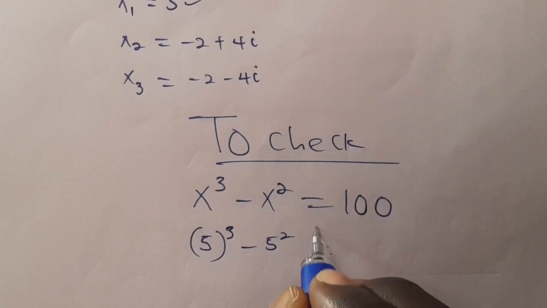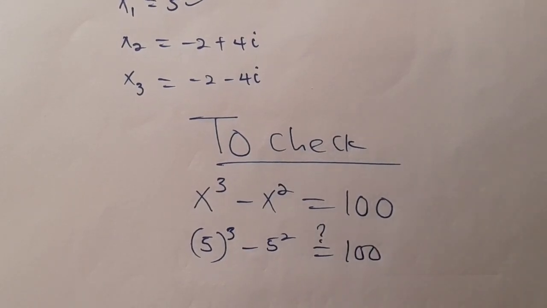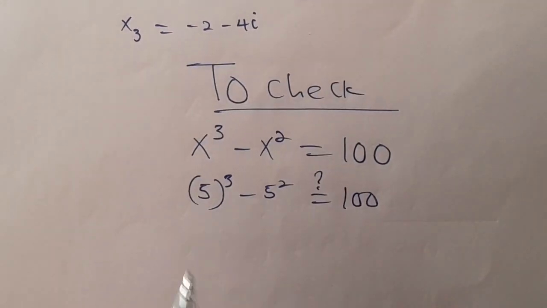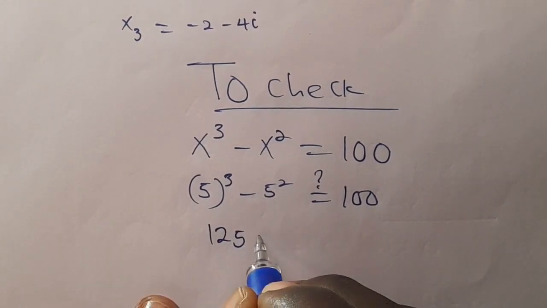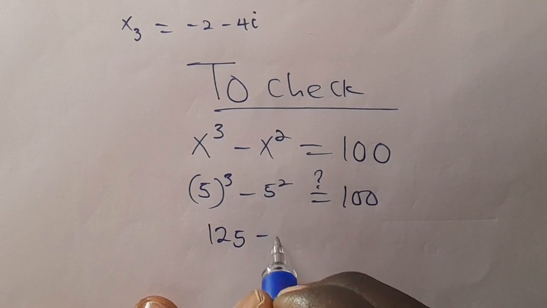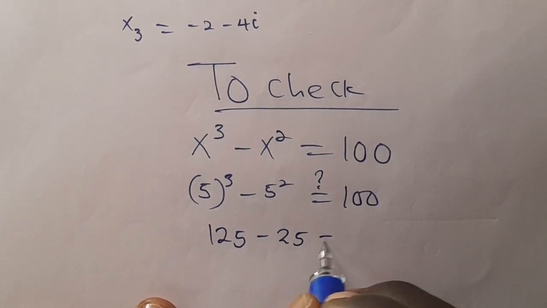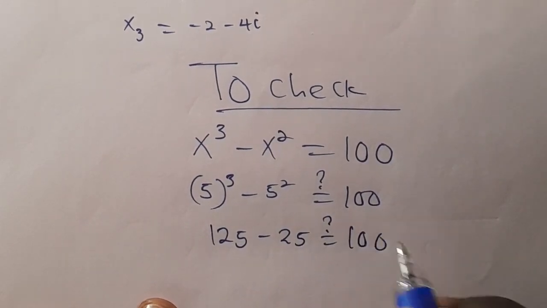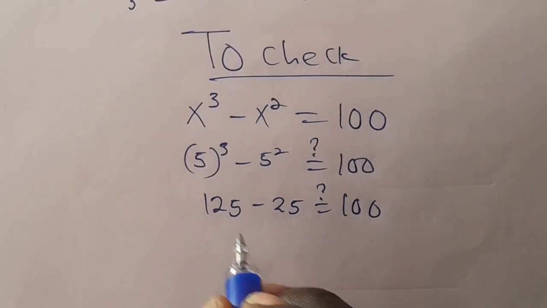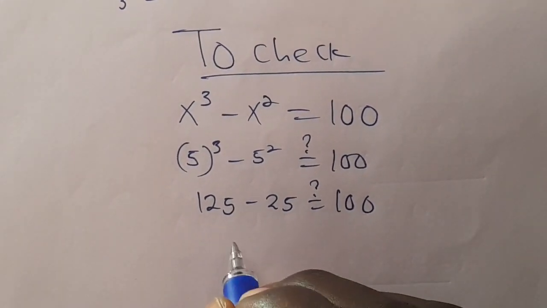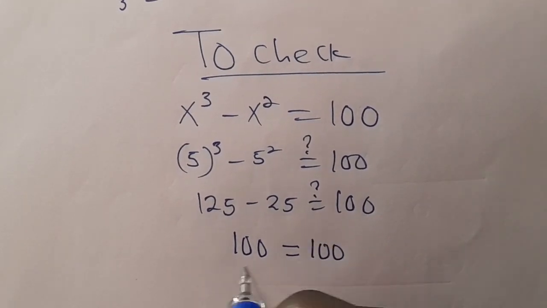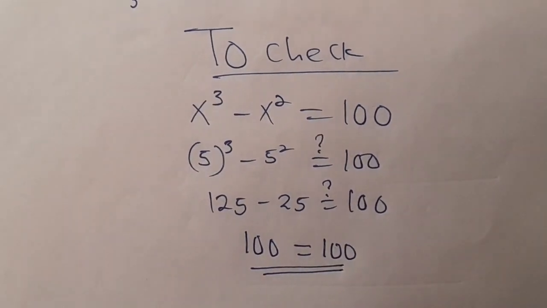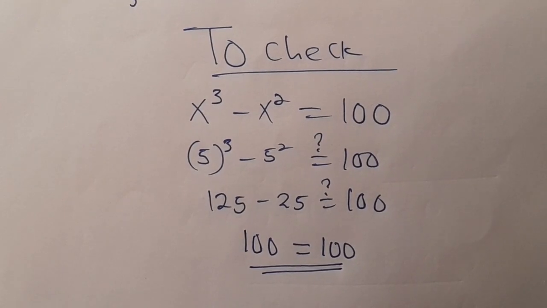Then are they going to give us 100? So obviously this 5 raised to power 3 is 125 minus this 5 squared is 25. Then are they going to give us 100? Now from here, 125 minus 25 is 100, which is equivalent to 100. So this is true for the value of x equals 5.